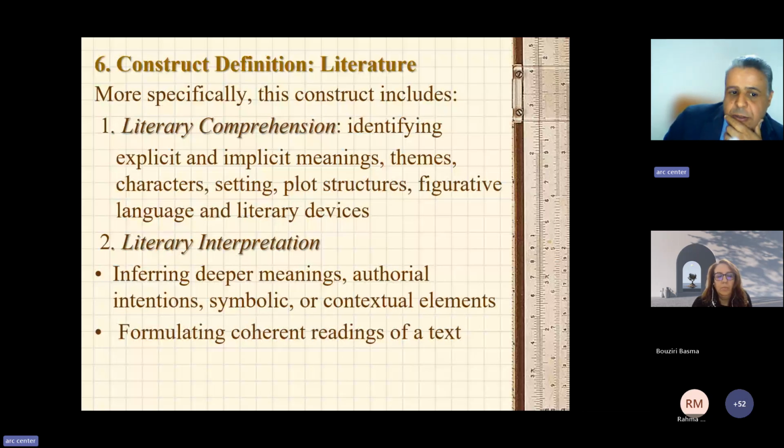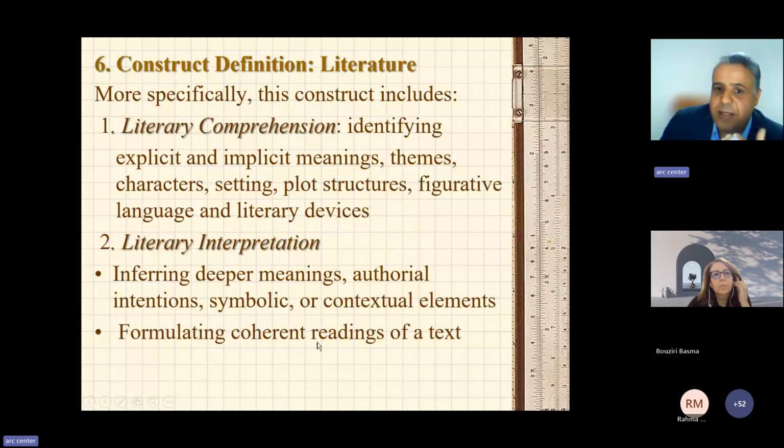Literary interpretation: inferring deeper meaning, authorial intentions, symbolic and contextual elements, and then formulating coherent readings of a text, where we try to measure whether the learner is able to formulate a coherent reading of the text. And then we move to critical analysis.